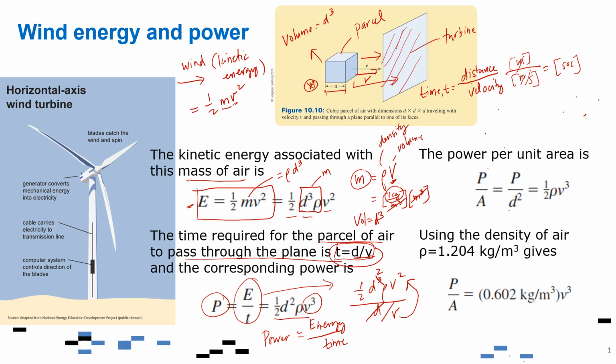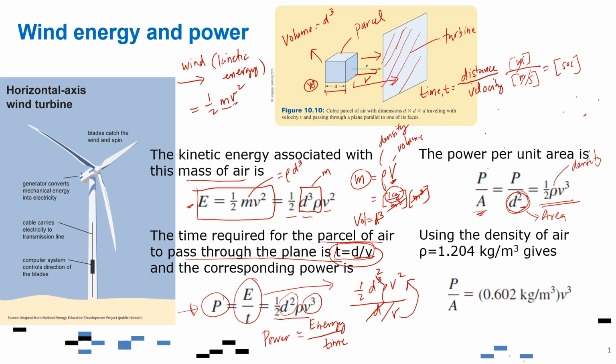Basing from this formula, d squared is actually the area. So from the previous formula, d squared becomes area, and the result is 1/2 rho v cubed equals P over d squared. As we all know, rho is density.